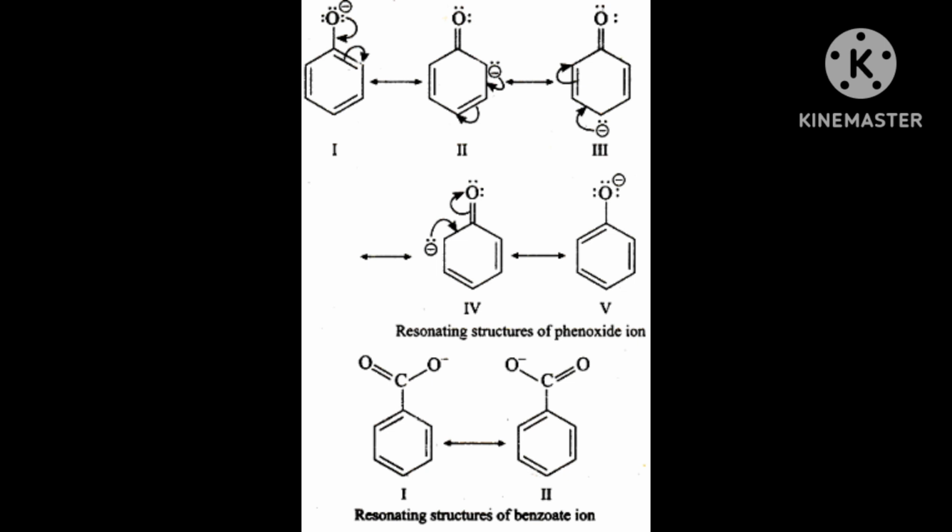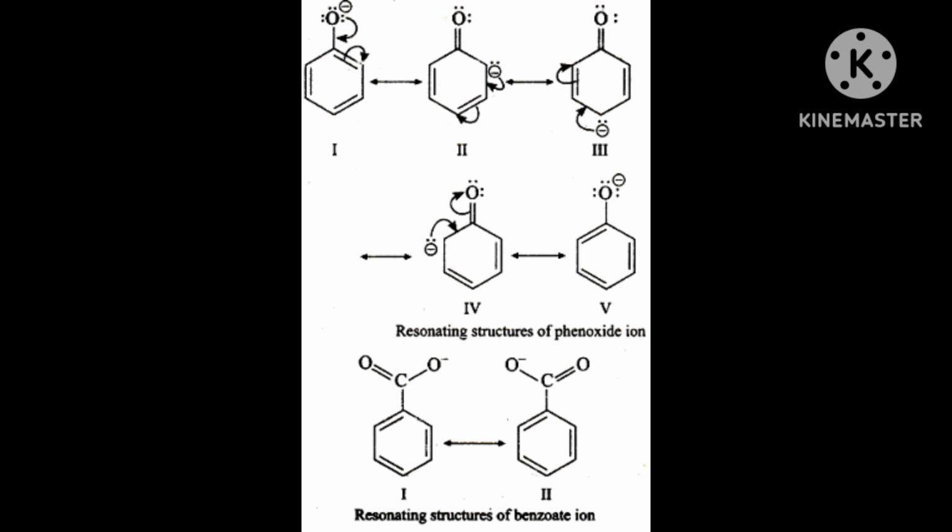Now in the second structure, what will happen? Easily you can understand that because carbon and oxygen have a single bond, the oxygen can donate one lone pair of electrons to the single bond, and it will make a double bond.